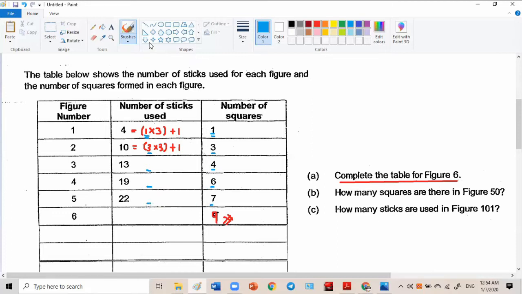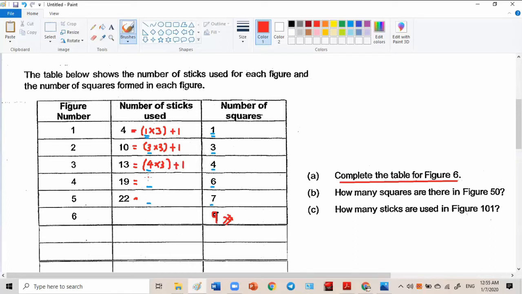Okay, so let's see if it works out. 13, 19, 22. Well, if the number repeats itself, all I have to do is copy the number 4 from the squares over here. 4 times 3, which will be 12, plus 1.